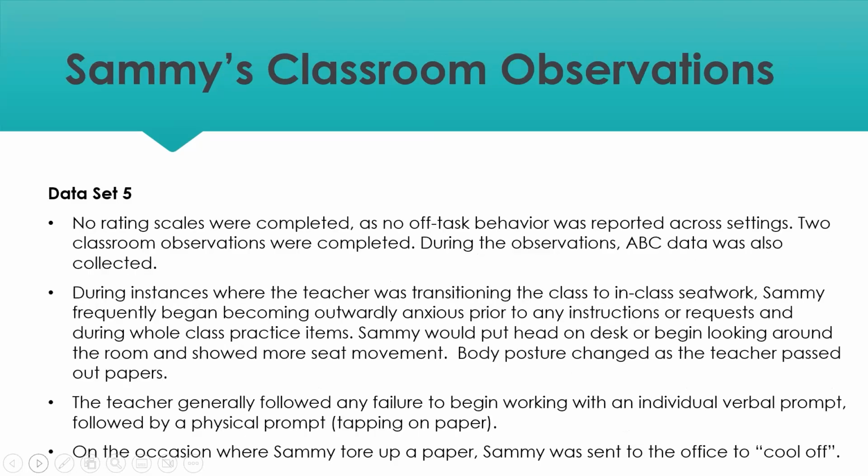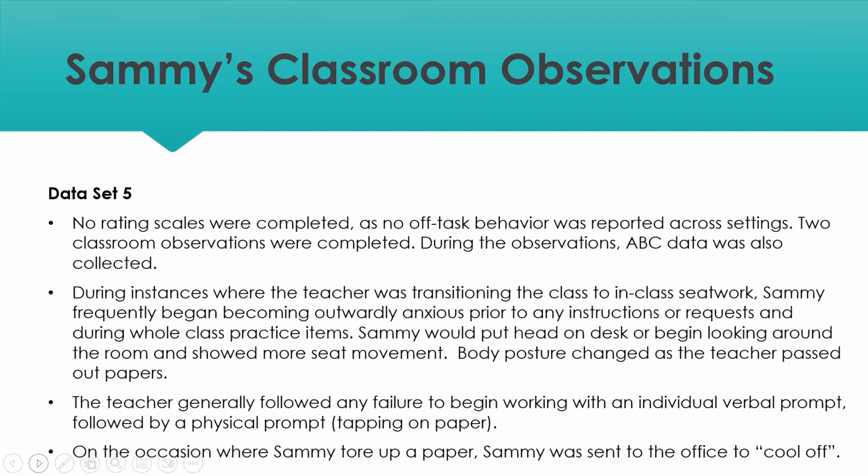So, he didn't have any rating scales, but they did do a classroom observation. What the observer saw was that when the teacher was transitioning to in-class seat work, Sammy started to get outwardly anxious. He was putting his head down, looking around, moving around in his seat.